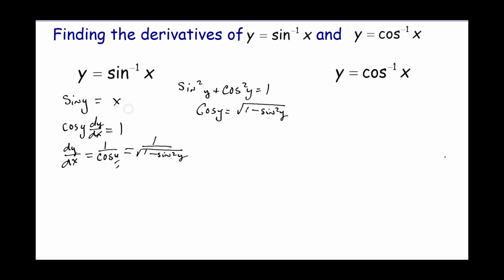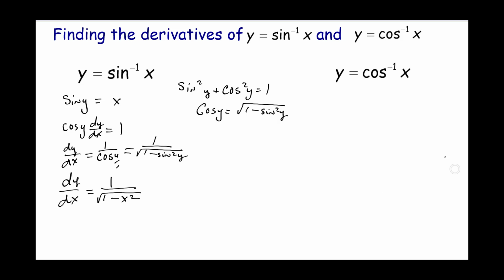Take a look, it's right here. Sine y equals x. So I can rewrite my derivative by substitution as 1 over the square root of 1 minus x squared. And there's your answer. That is the derivative.